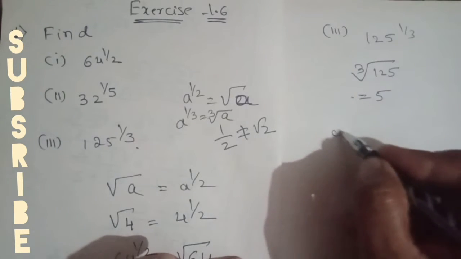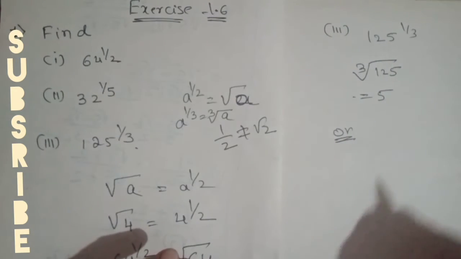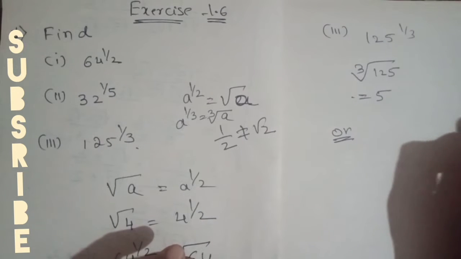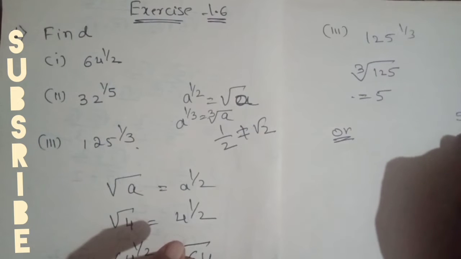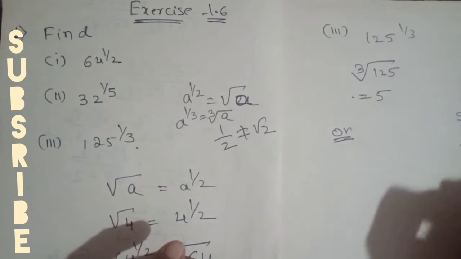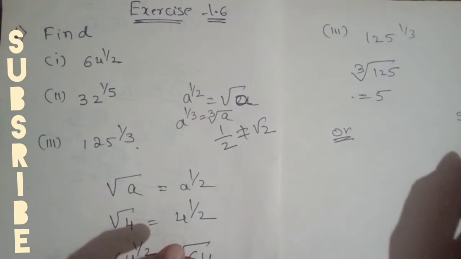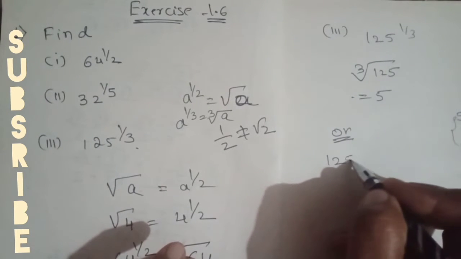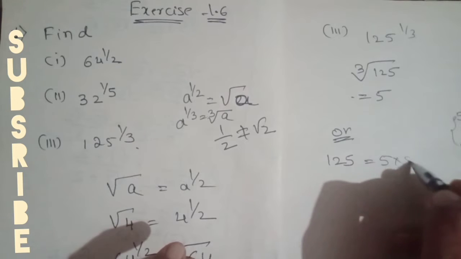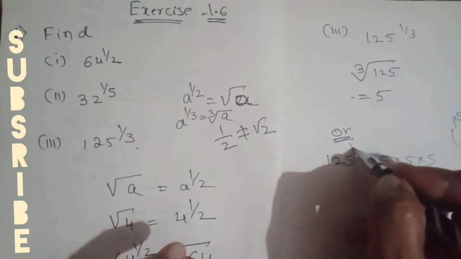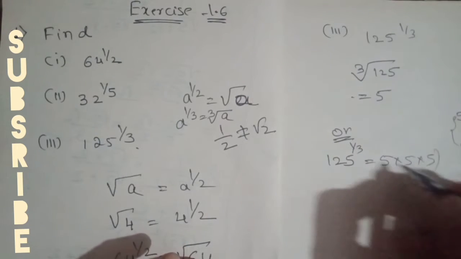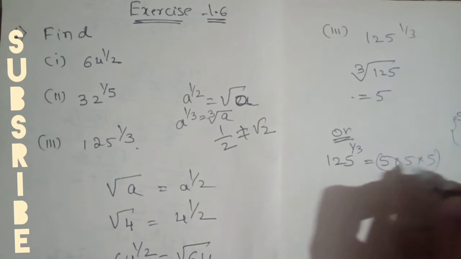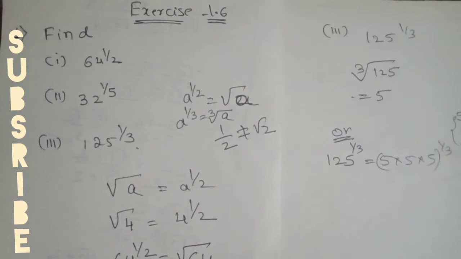Or by using the laws of indices, first we find the factors of 125: 5 25s are 125, 5 5s are 25, 5 1s are 5. So 125 can be written as 5 into 5 into 5, three times, raised to 1 by 3 as it is.